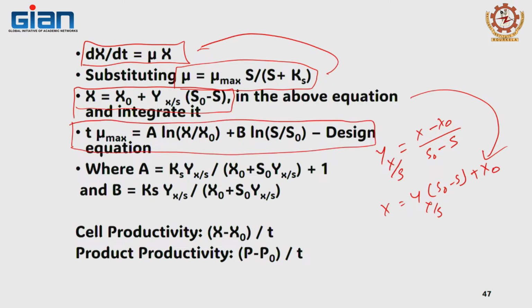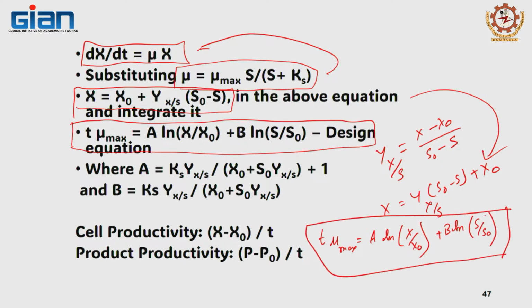This is called your design equation: t mu max equals A ln(x/x naught) plus B ln(S/S naught), where A is Ks Yx/S divided by (x naught plus S naught Yx/S) plus 1.